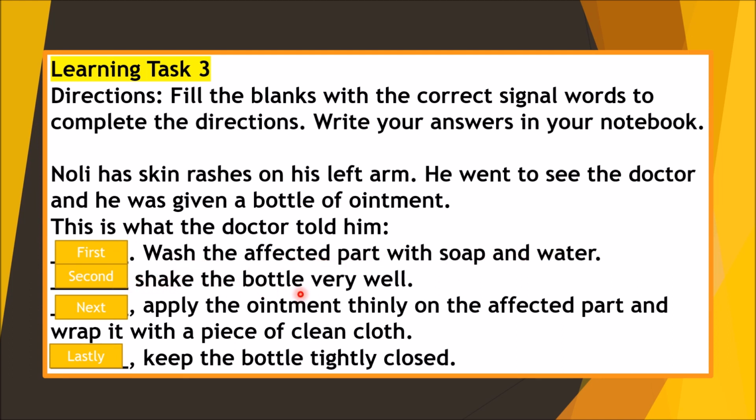Second, shake the bottle very well. Next, apply the ointment thinly on the affected part and wrap it with a piece of clean cloth. And lastly, keep the bottle tightly closed. Children, don't forget the signal words. These are signal words: first, second, next, and lastly. Okay? Good.